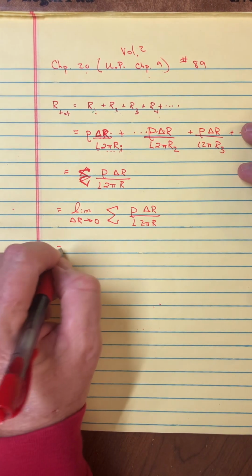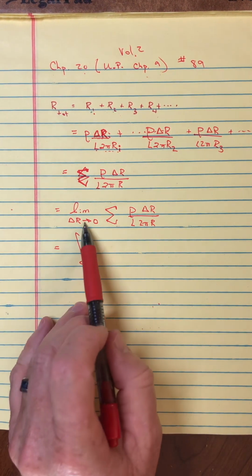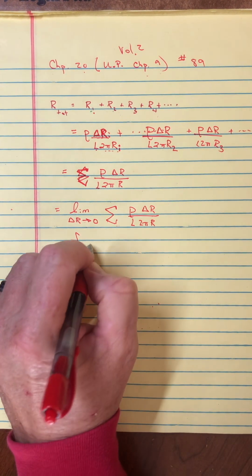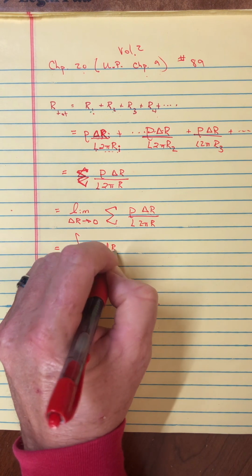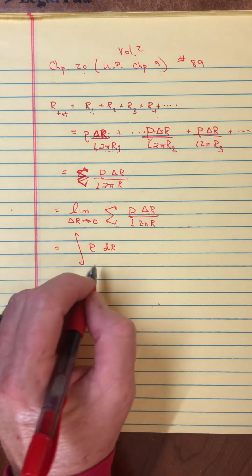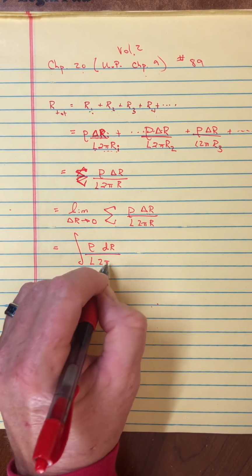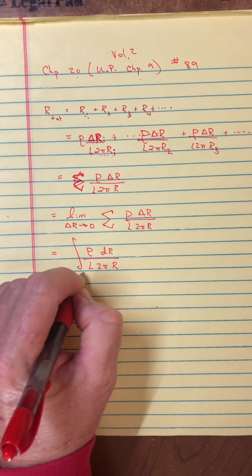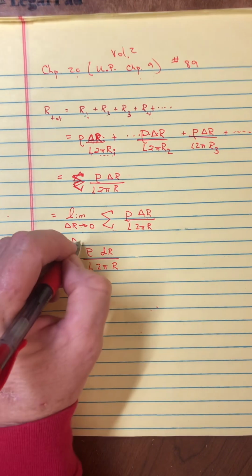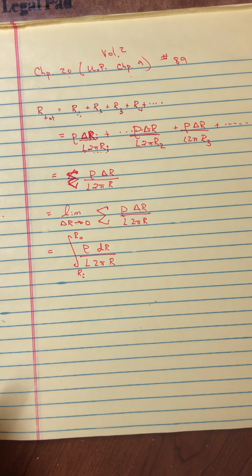But we finally get to something that we recognize as the second fundamental theorem of calculus, where we can replace this with the integrand dr, and then we have an L over 2 pi r, and then we can set our limits as the inner radius to the outer radius. And that by far is the hard part of the problem.